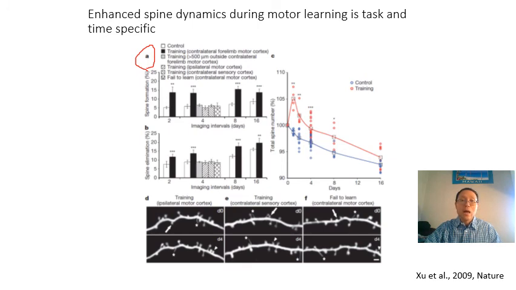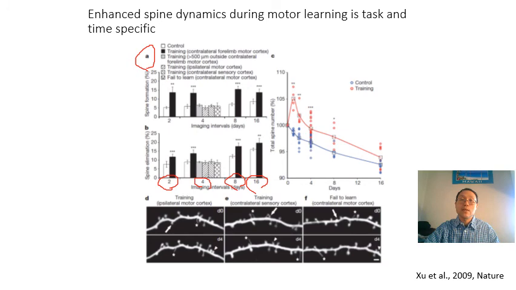Okay, and then now as opposed to what you saw in the previous slides, following the second day, and also the fourth day, and also the eighth day and the 16th day, what they're really starting to see is that there is an increase of dendritic spine elimination as well.